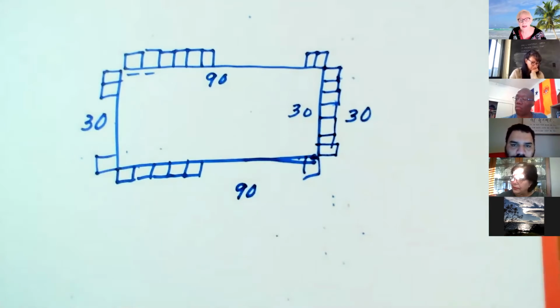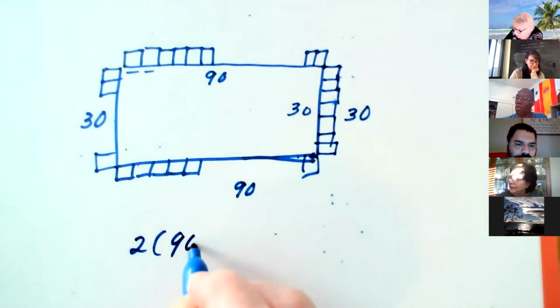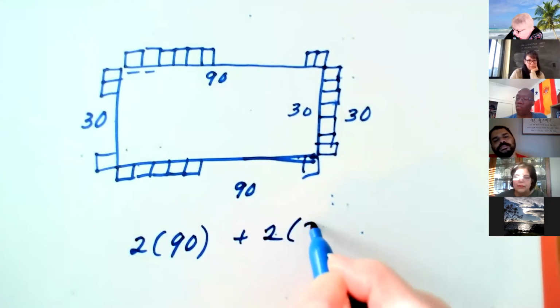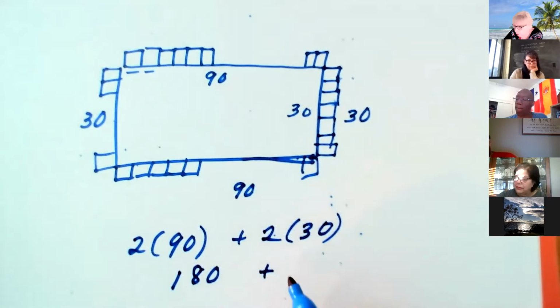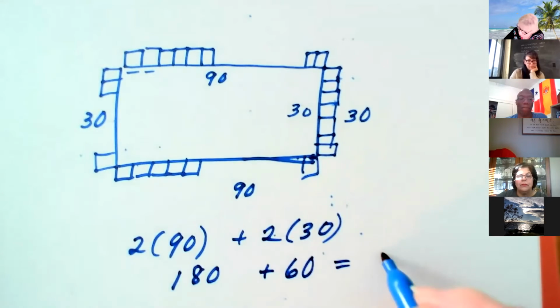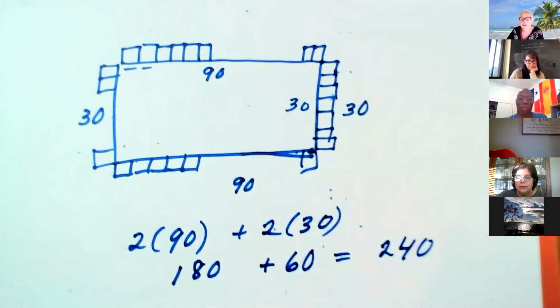Is that clear? So clearly, if you're ordering tiles, you would need two 90s and two 30s. So two 90s is 180 and two 30s is 60. So we're talking 240 tiles.